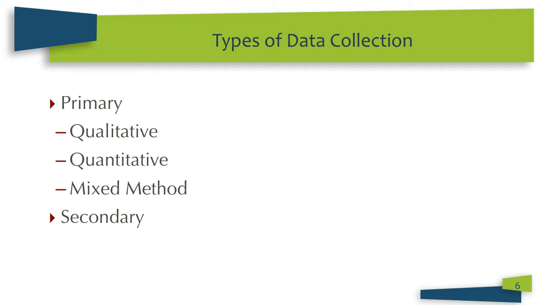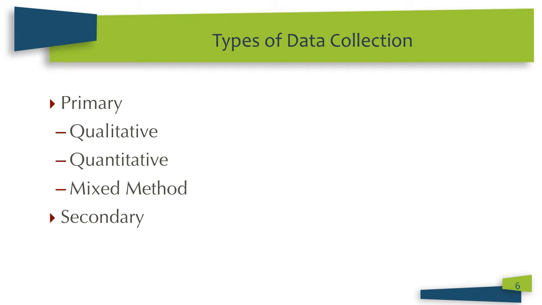So when you mix both of them, it is called mixed method. So all good papers, well, maybe there are exceptions, but most of the good papers, you would see that they've used mixed method approach. So we'll quickly look at qualitative and quantitative data collection, and obviously mixed method means some part from qualitative and some from quantitative.